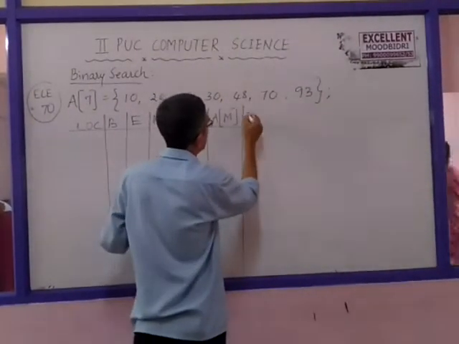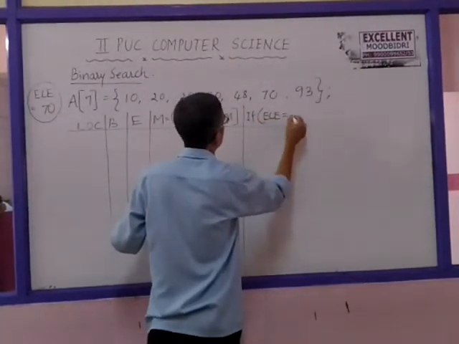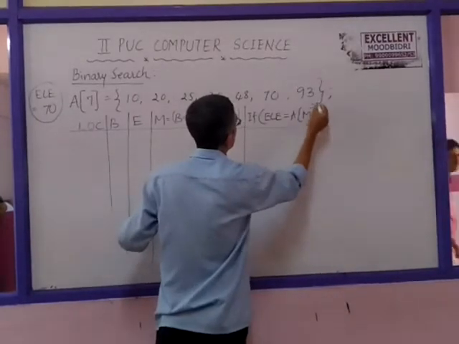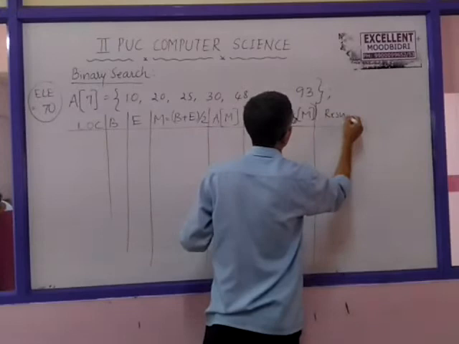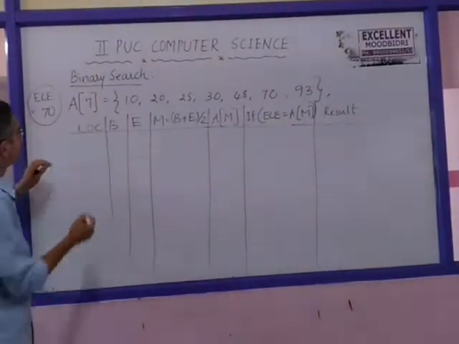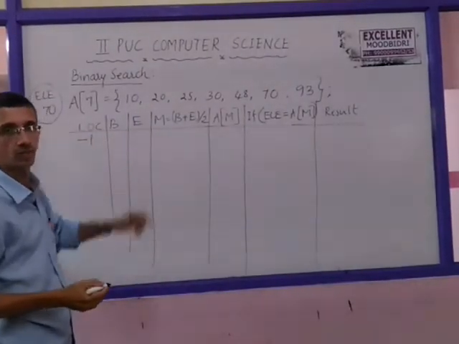Then the comparison: if element is equal to A of mid, which results in either true or false. To start with, location is initialized to -1.